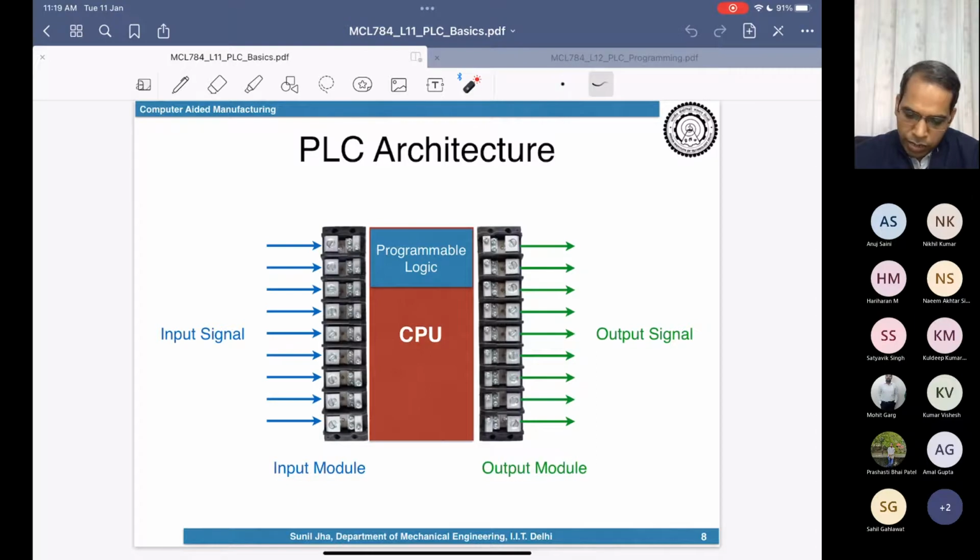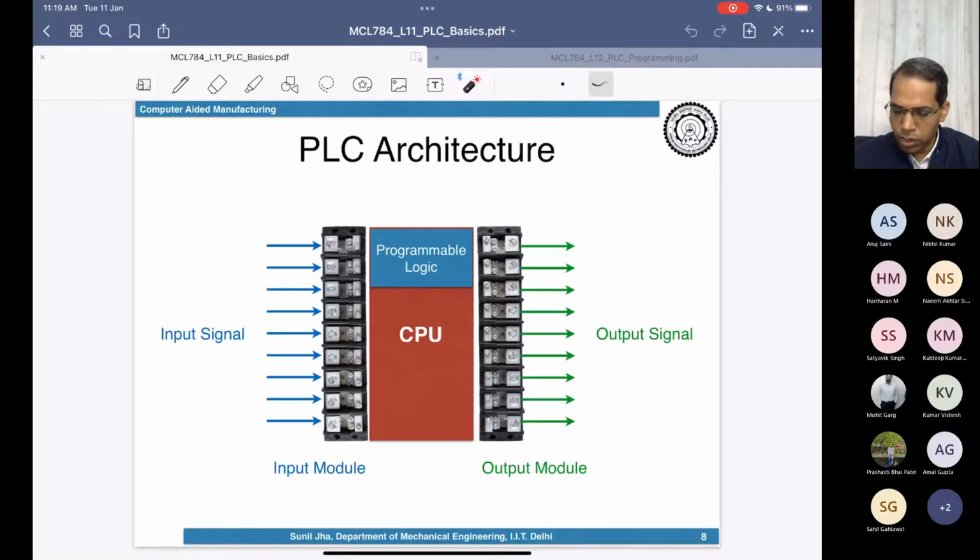It means I will have certain physical terminals on which I can connect the input devices. There are input signals I interface on the left-hand side, and although left and right may be spread differently in the actual hardware, there are input interfaces and output interfaces.